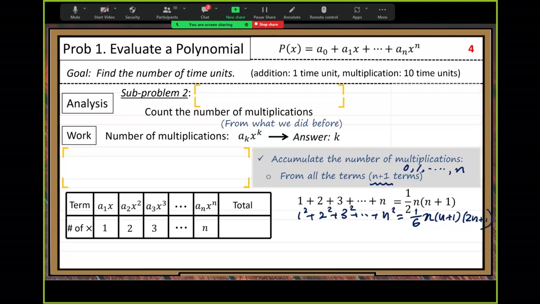That's the formula we learned last time. Here, no square, just consecutive numbers directly.